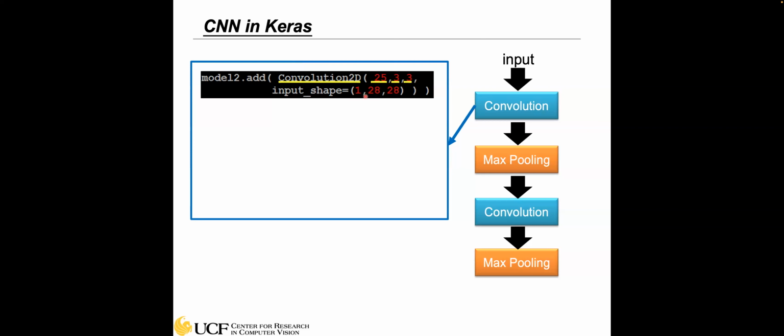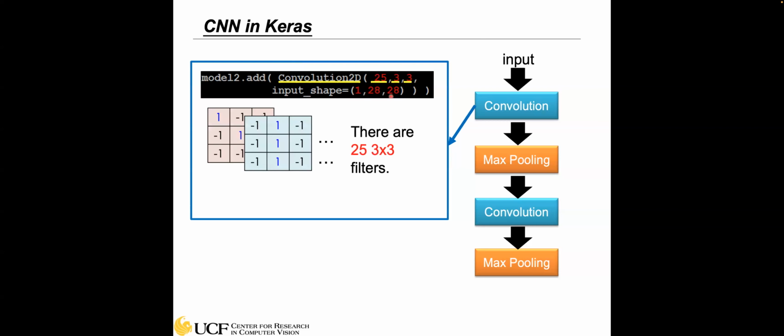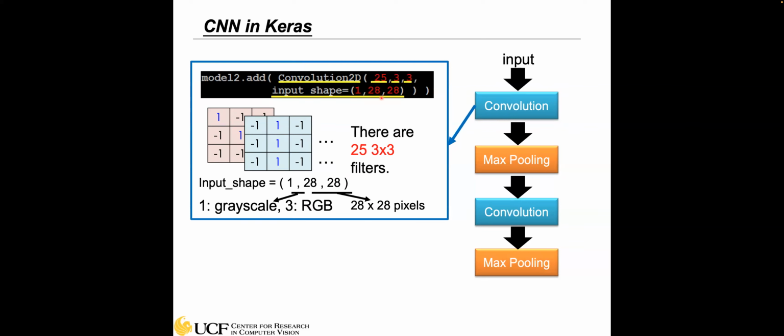The 1 is the channel dimension, which means we have a 28 by 28 grayscale, 1 channel image. If this number equals 3, then that's RGB, with 3 channels. And this is just the resolution of your image.